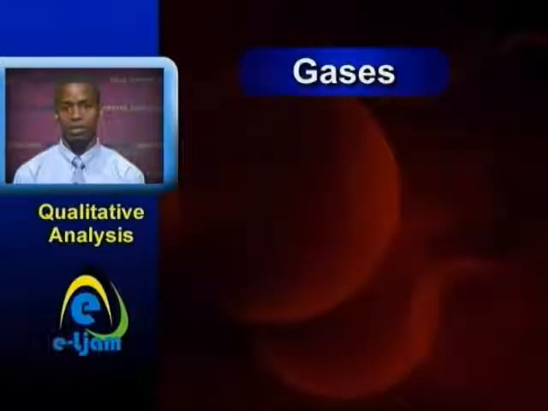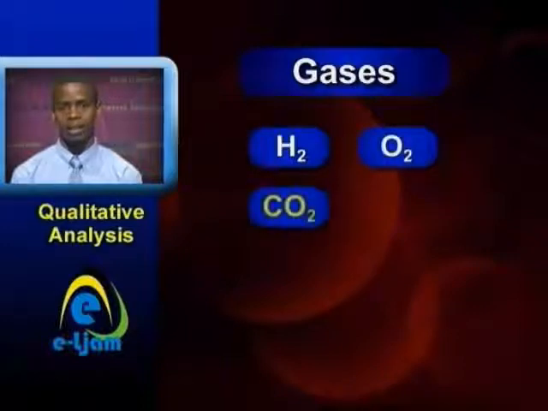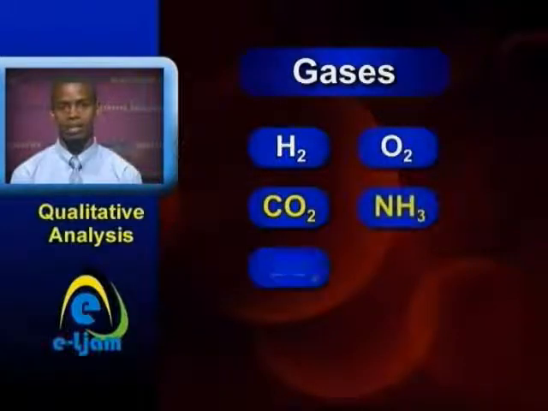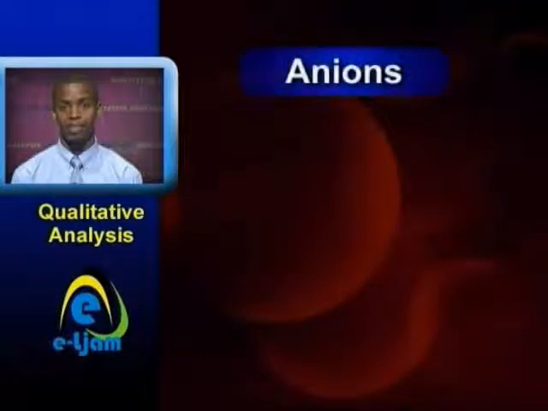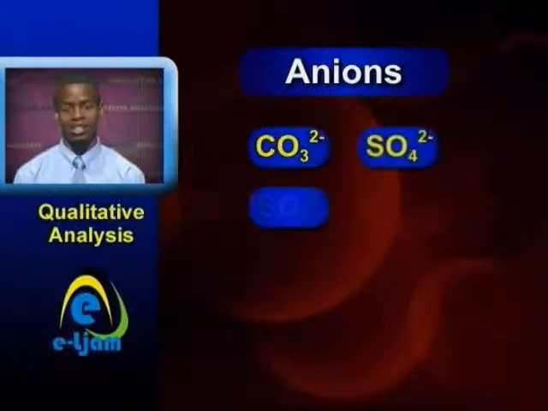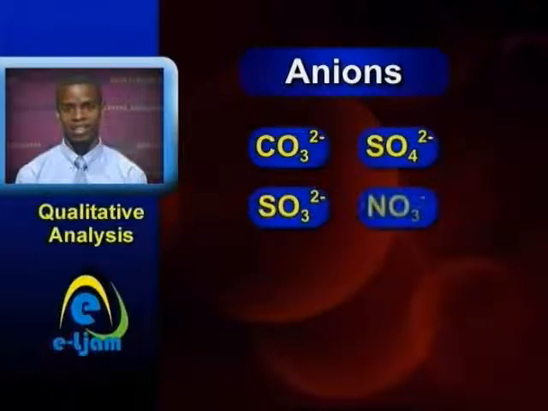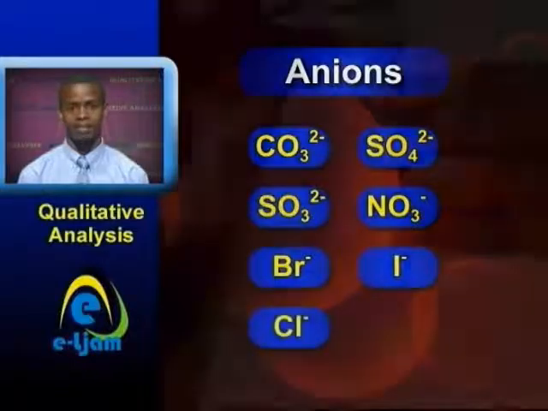You should also be able to identify the gases: hydrogen, oxygen, carbon dioxide, ammonia, sulfur dioxide, chlorine, nitrogen dioxide, and water. 3. And you should be able to identify the anions: carbonate, sulfate, sulfite, nitrate, bromide, iodide, and chloride.